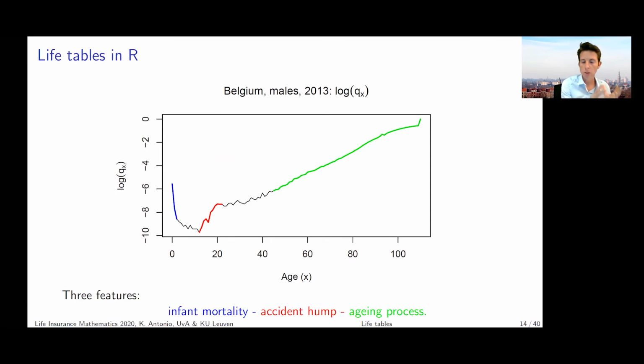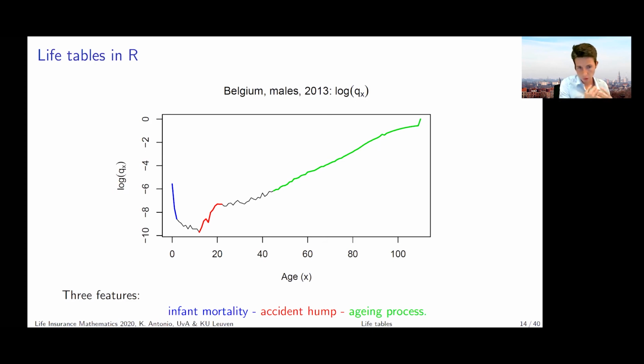In blue, you see the infant mortality, right? So infant mortality, which is locally high for newborns, but which then decreases drastically, right? Then in red, you see the so-called accident hump, which is most pronounced for the male data.